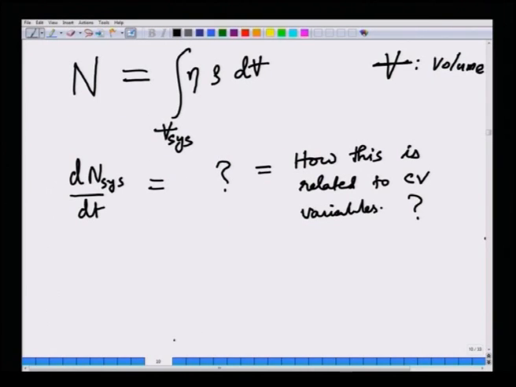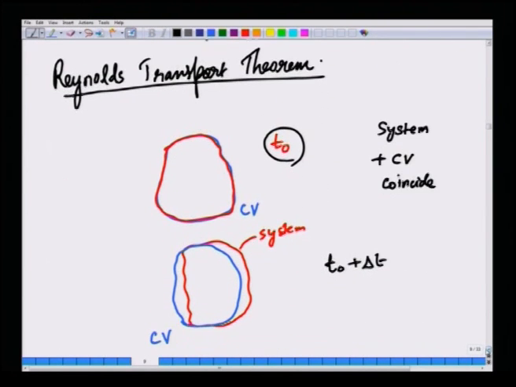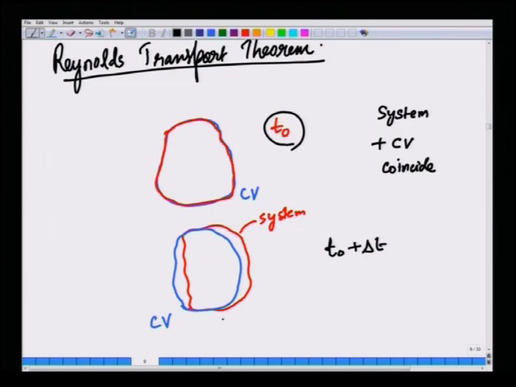Okay. So, what we do is first go back to the figure. Let us just keep a reference on this figure. Imagine that at a time t0, the system and CV are coinciding, but at a later time the system has left the CV. Since we are only looking at an infinitesimal time difference, there will be some region 2 where the system and CV still coincide.